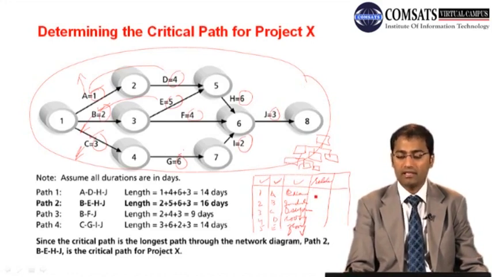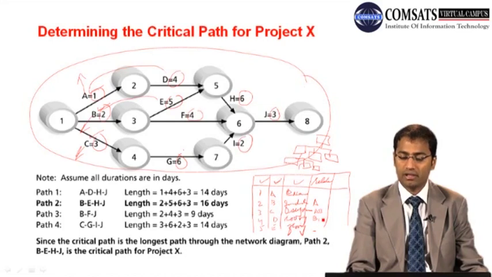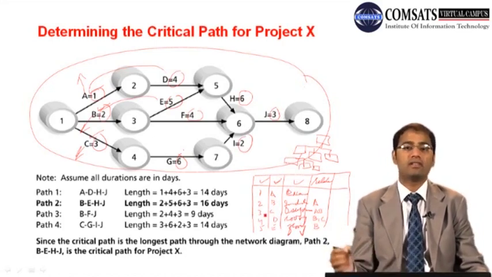A is dependent on nothing, B is dependent on A, C is dependent on A and B, D is dependent on, let's say, B, and E is dependent on B and C.